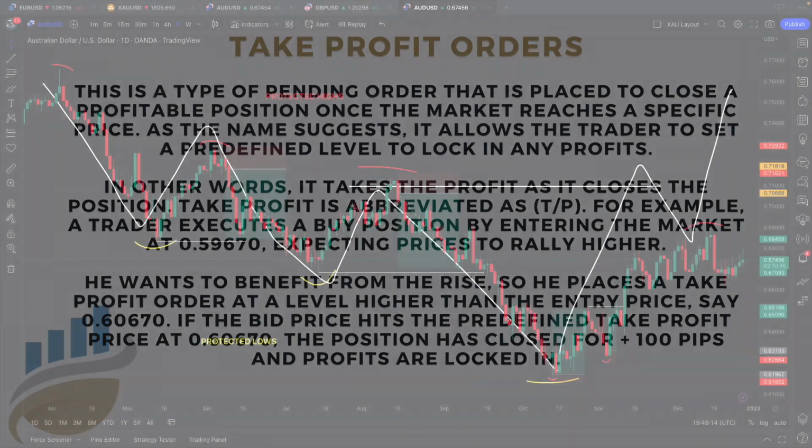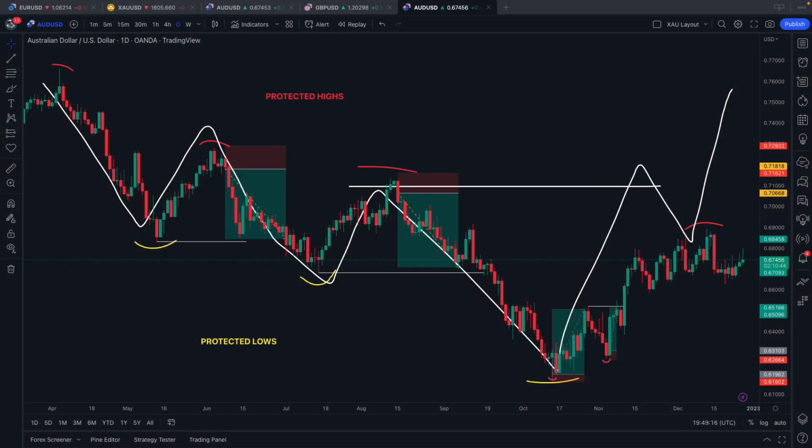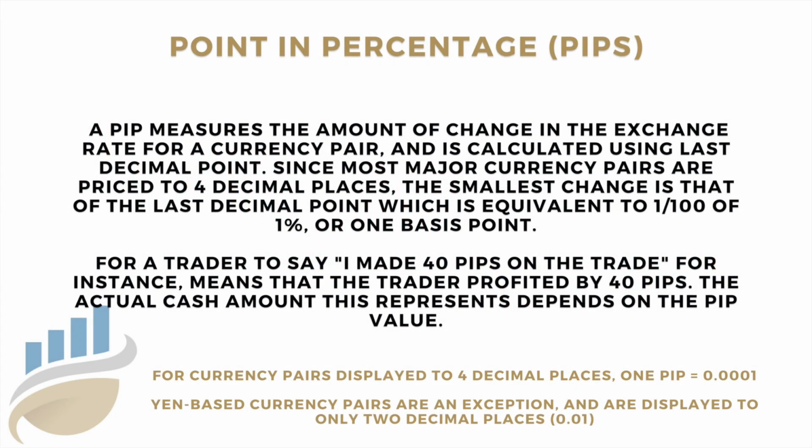Now you may have heard within that example I used the term pips. This stands for percentage in point. What I'm going to do is go over risk to reward ratios, and I'm going to integrate pips and the use of pips, why we use pips, what they're used for, and how our risk to reward ratios are actually calculated, okay?